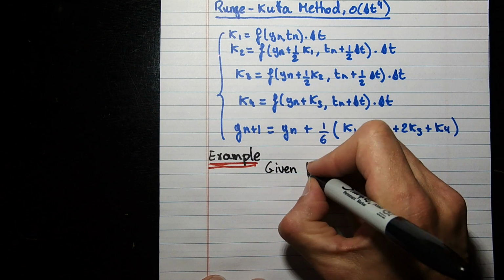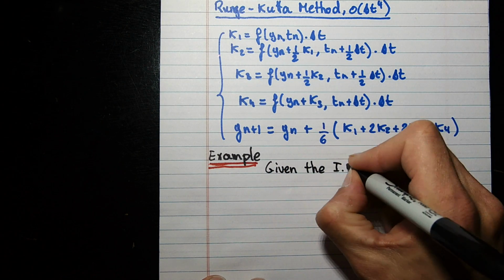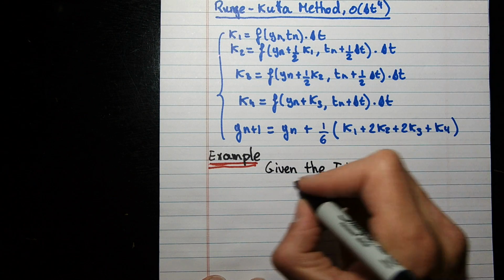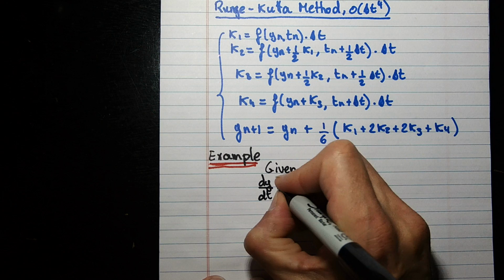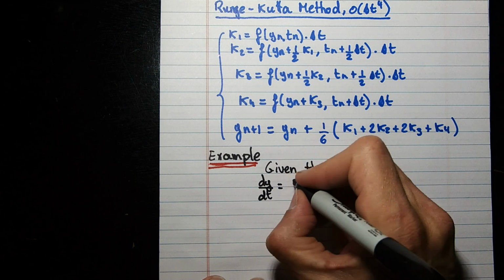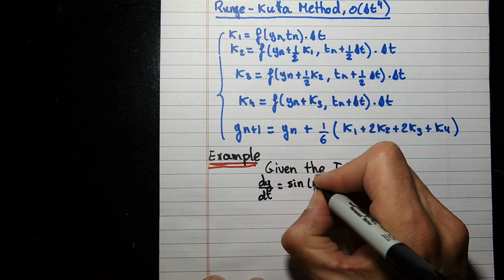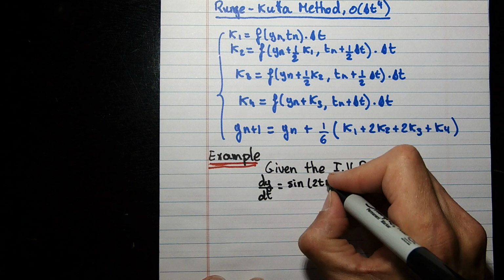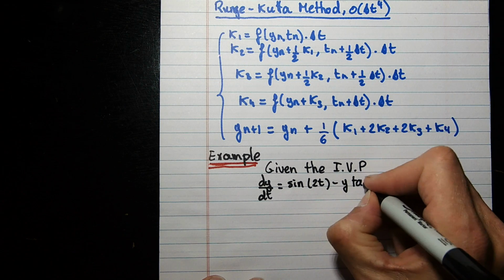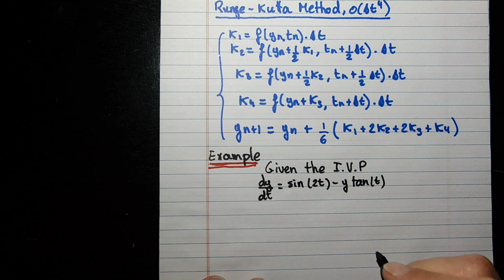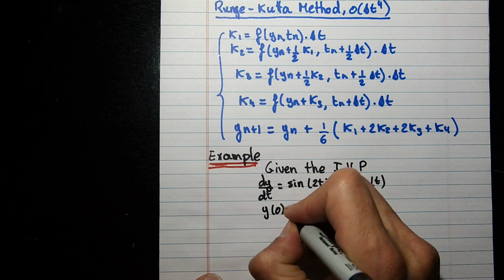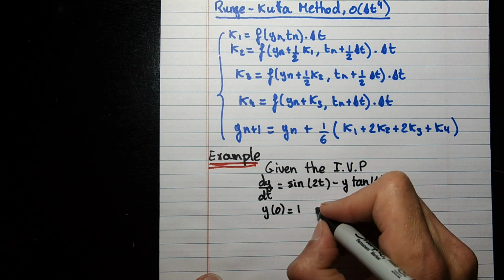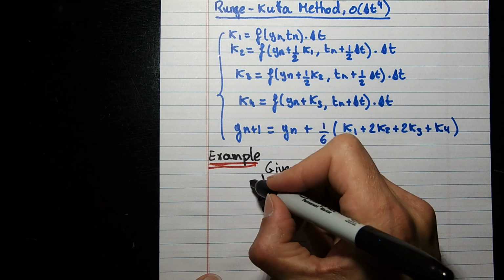Given the initial value problem, dy/dt equals sine 2t minus y tangent t, with the initial condition y of 0 equal to 1, where this is our initial condition.